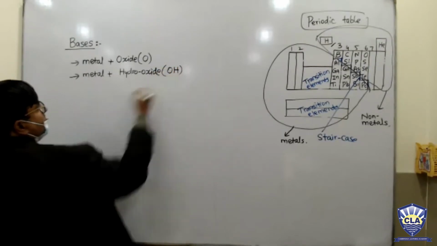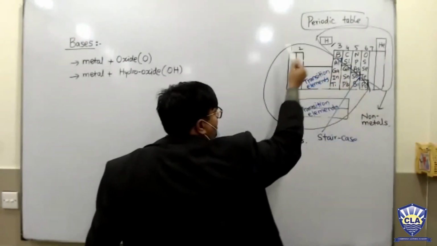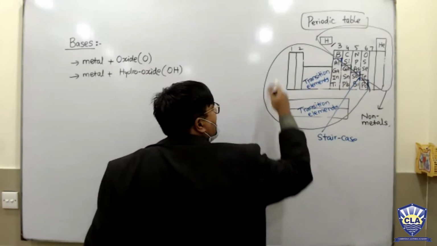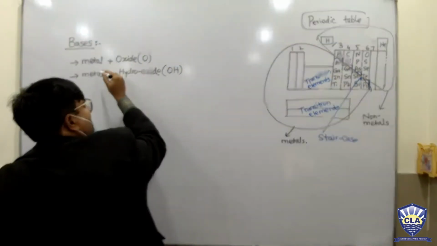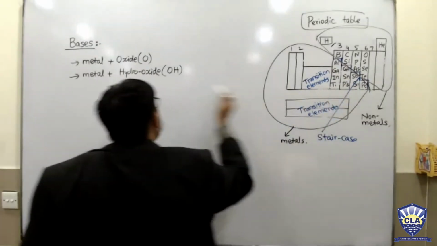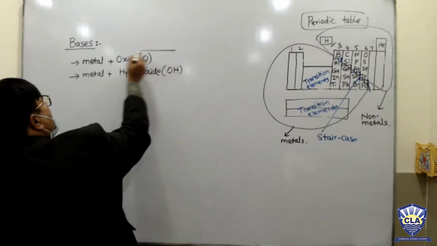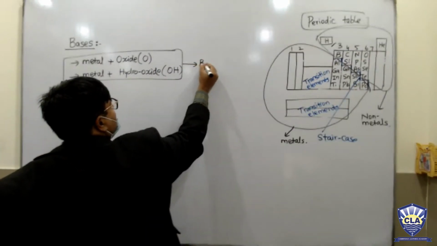Hydroxide is OH actually. So all these things up here are metals. If you take any element from here and join oxygen with it, or join OH with it, that thing would become the base. So that is called as the base.